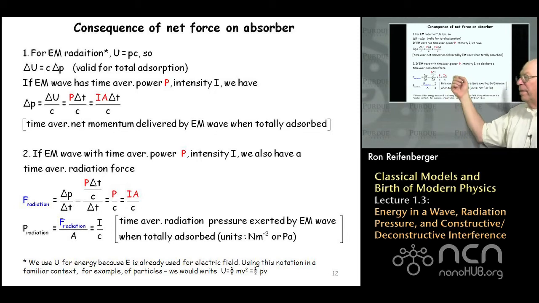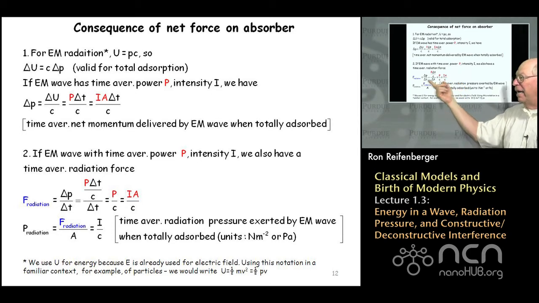And if there's a change in momentum, then the change in momentum divided by time means that there's a radiation force exerted on the absorber. The radiation force turns out to be just the intensity I times the cross-sectional area A divided by c.